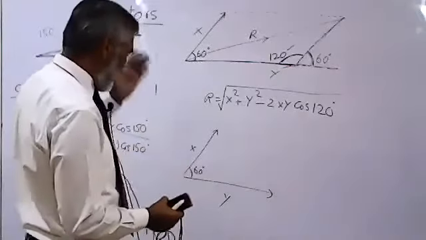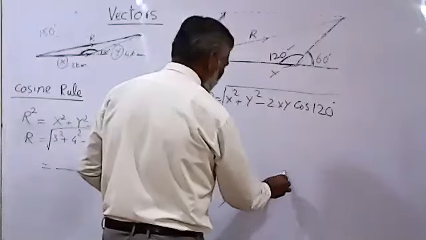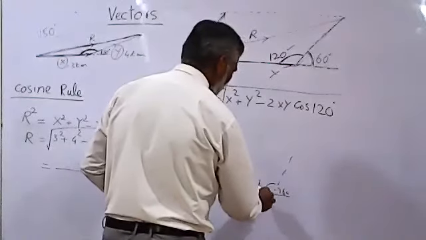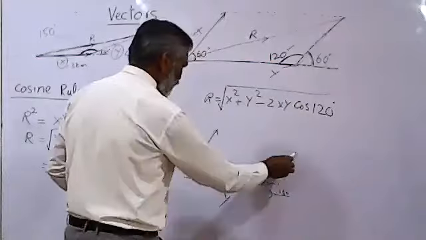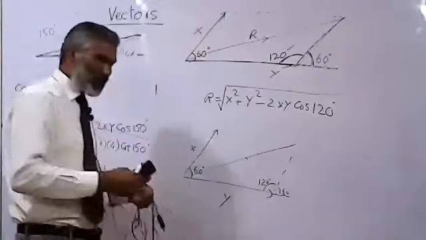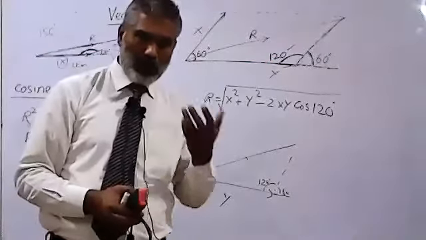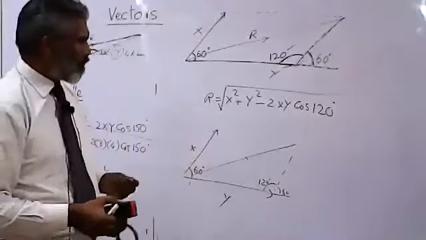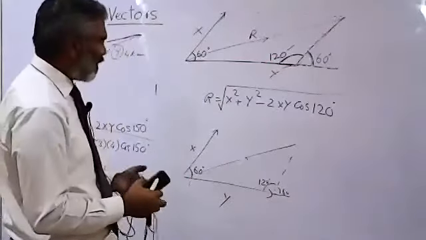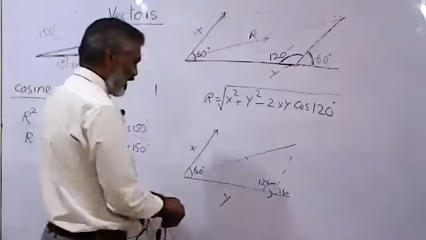I quickly realize that this is 60°, so this must be 120°, so this must be the resultant with this formula. With some practice, you develop that understanding, that readiness or quickness to decide the value of this angle.